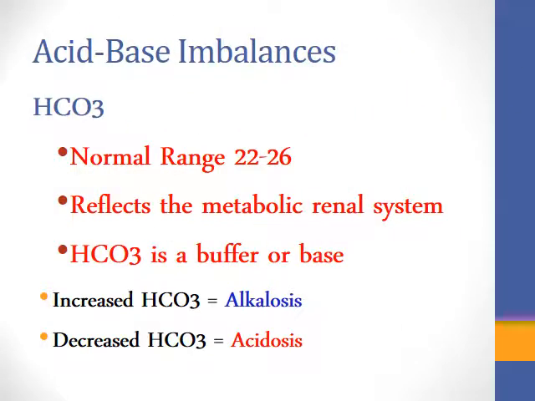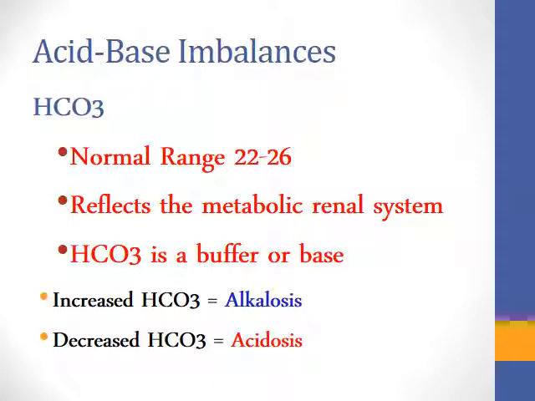Now we have the third component, the HCO3. The normal range of this is 22 to 26. It reflects the metabolic renal system. So the PCO2 was your lungs, and the HCO3, or you'll hear it referred to as the bicarbonate, is your renal system. It is a buffer.